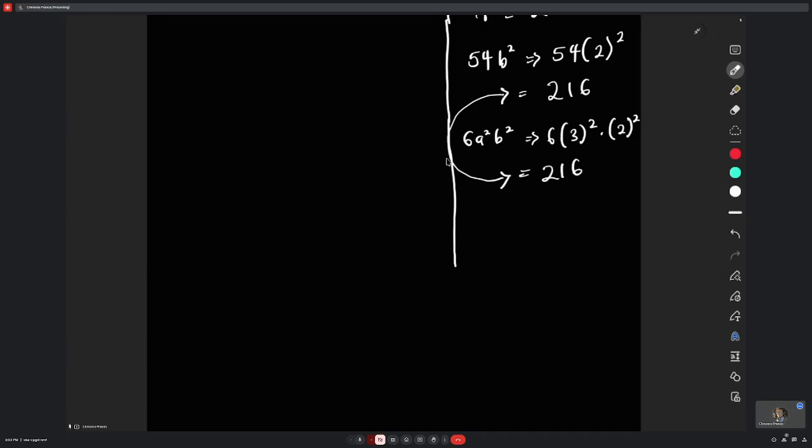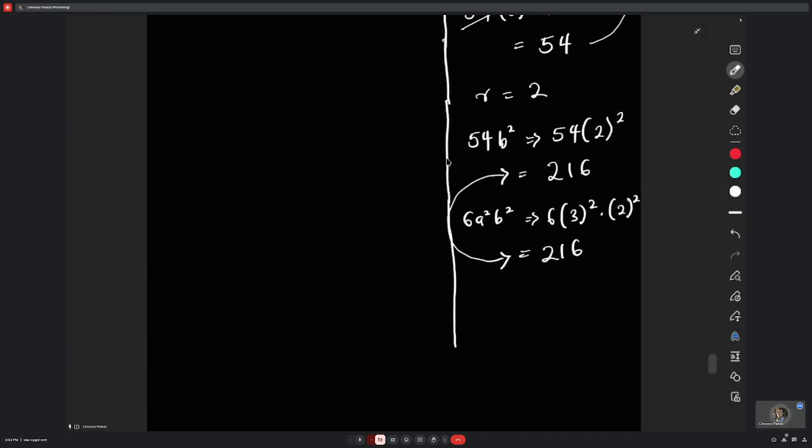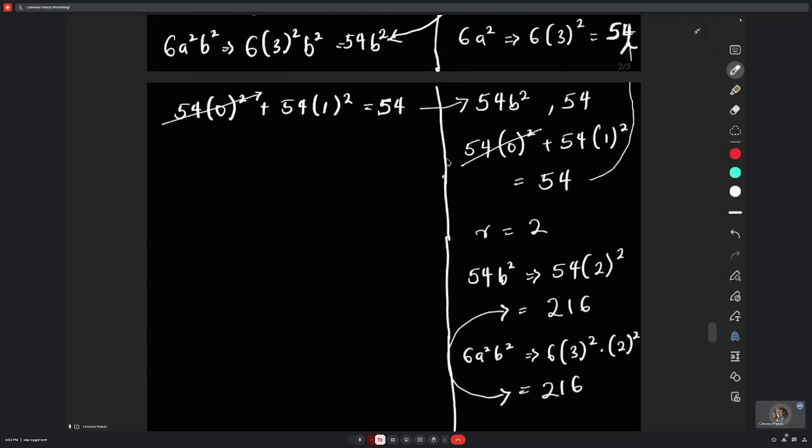Because in the evaluation form, if the prover sends 6a instead of 6a squared, that's a problem, right?